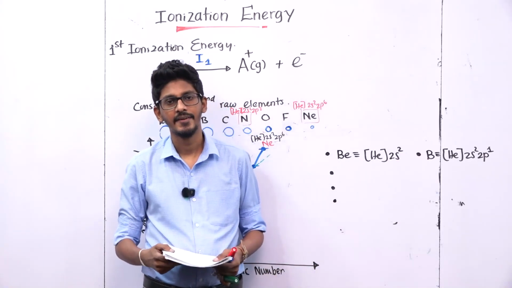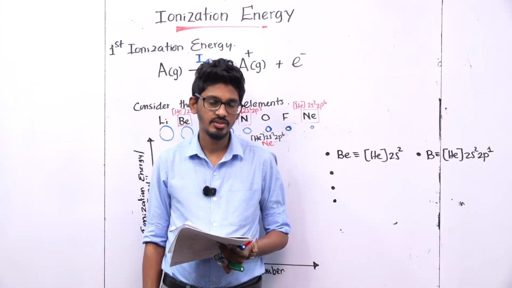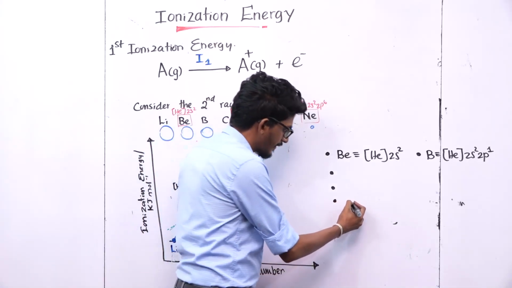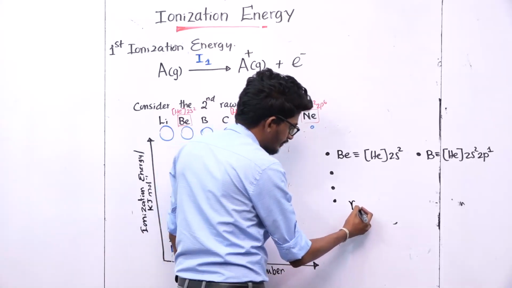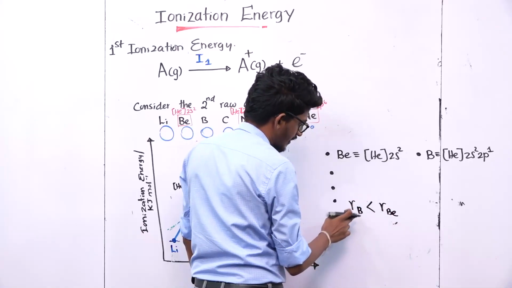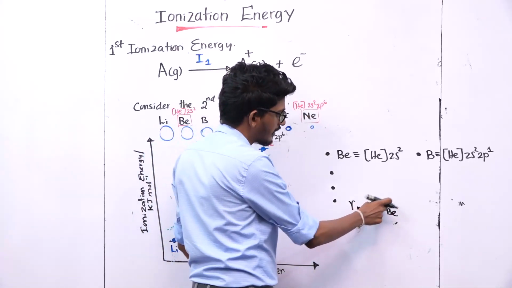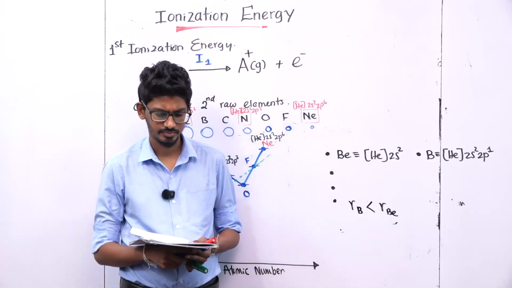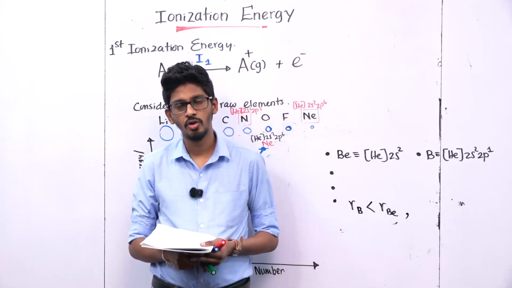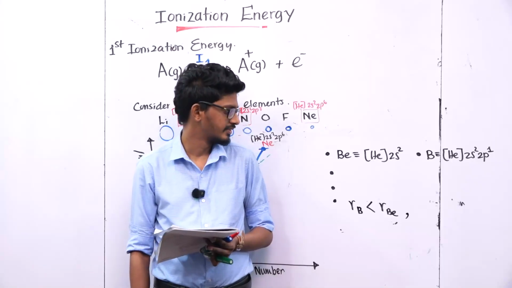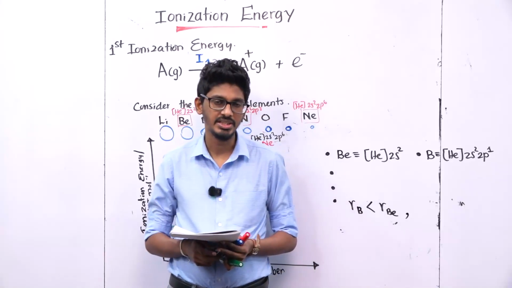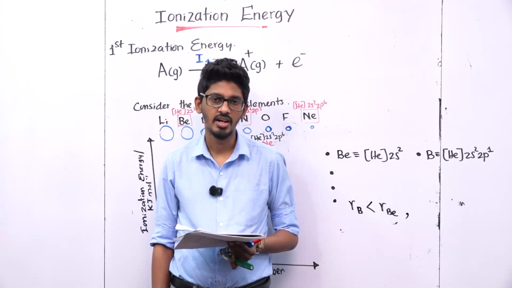Next point: even though radius of boron is smaller than radius of beryllium, I1 for Be exceeds the I1 of boron.